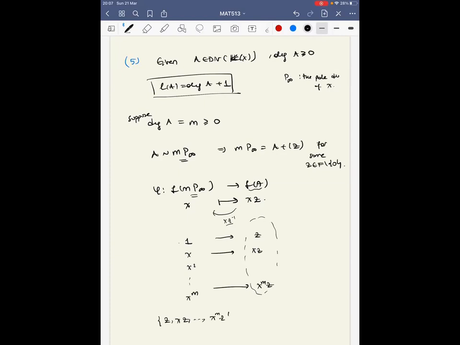And these images give us a basis for the L space of the degree m divisor A.